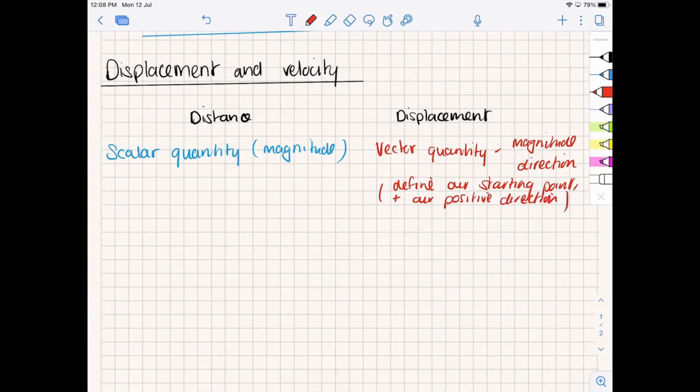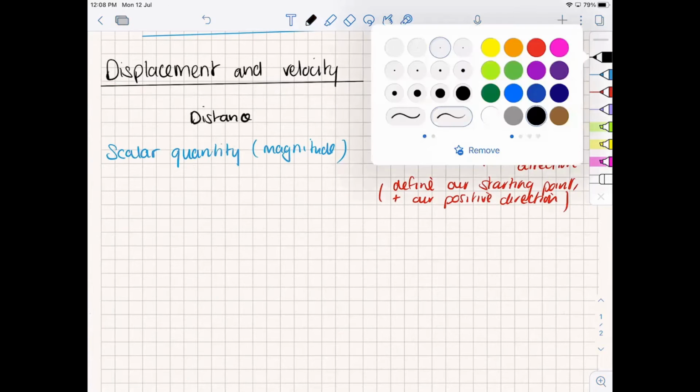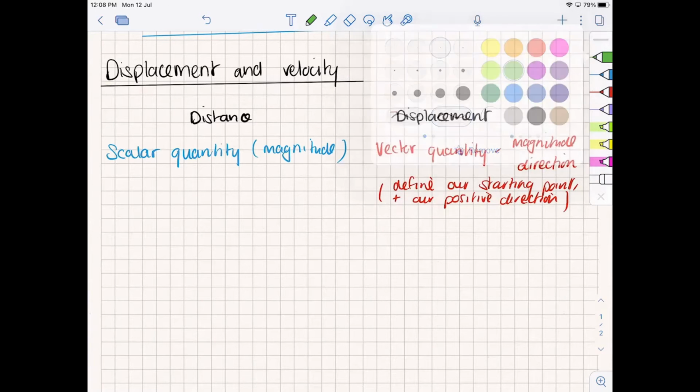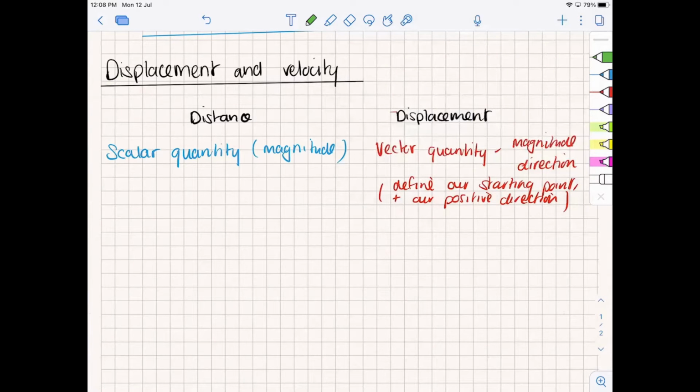So if we take the example that we've just spoken about before, okay, I'm going to draw a nice green grassy hill. And the distance between the start of the hill and up the hill, this distance here is 100 meters, okay?